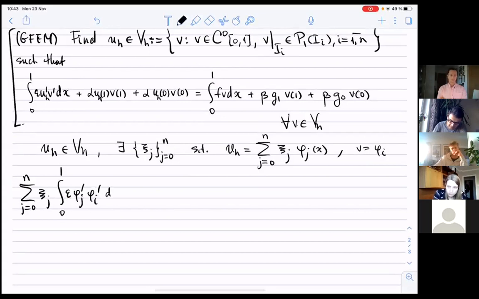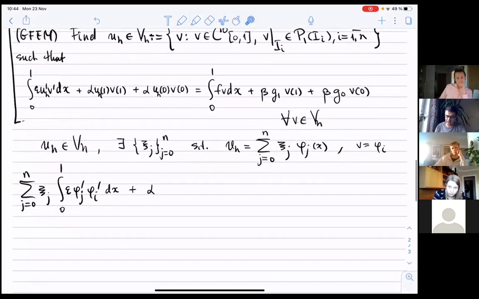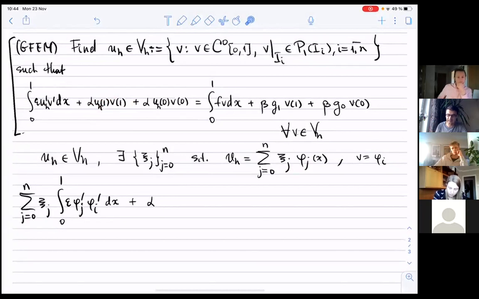Okay, then we have the x. The second term is plus alpha. So I'll put again the sum because I'm replacing UH by the sum. First, I will just put the sum, then we will simplify, because remember these hat functions, they don't have a common support with each other. So if you multiply, for example, this hat function by that one, the product is 0. So that's why I write first with the sum, then after simplification, we just get some numbers.